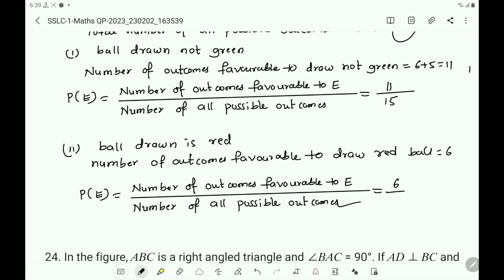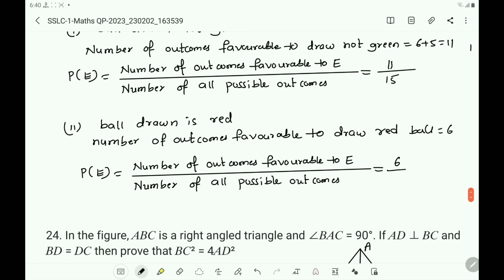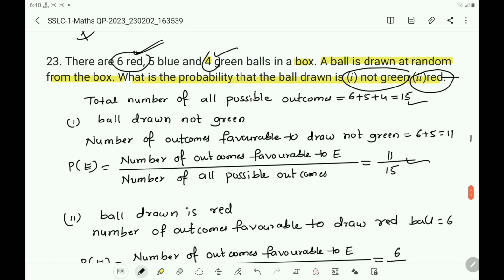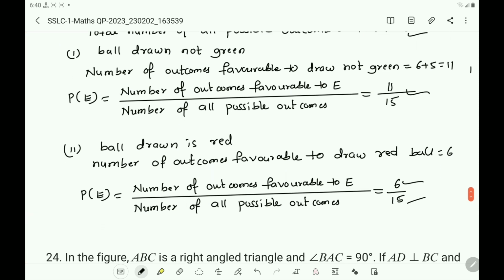Then what are the total number of all possible outcomes? Again you have to take 15 only, because total number of all possible outcomes is 15. So you got 6 by 15. For not green ball, you got 11 by 15, and for red balls you got 6 by 15.